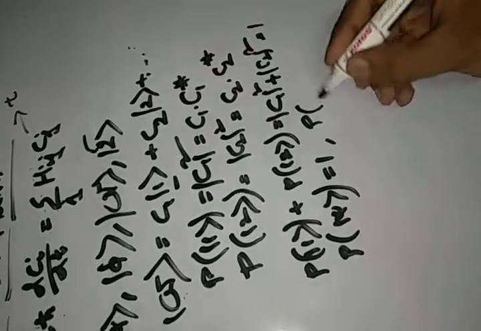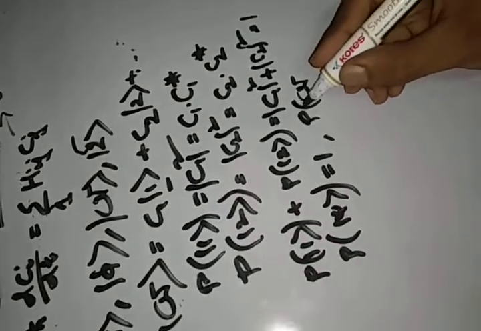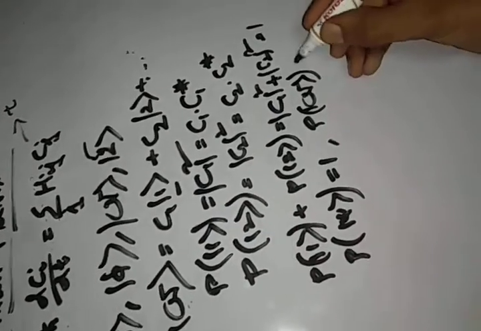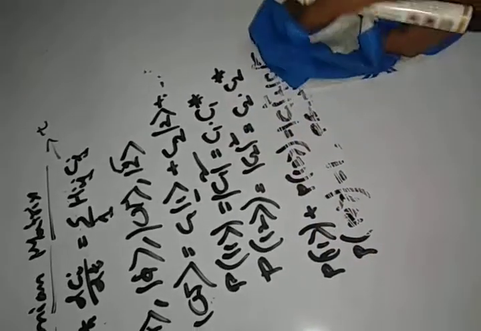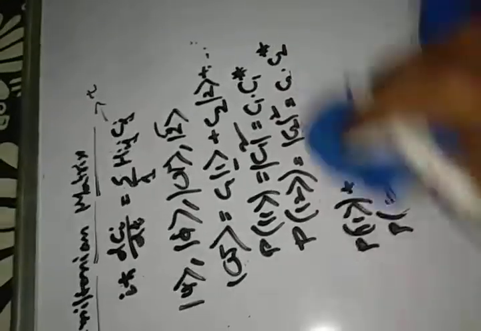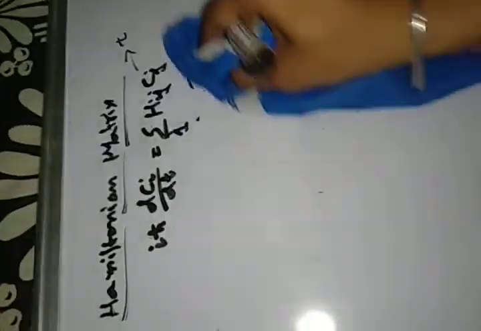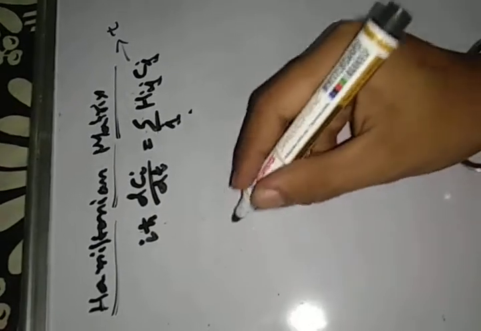Probability of finding the state is 1. These things we know. Okay, so we'll make use of these ideas and see how we'll make use.